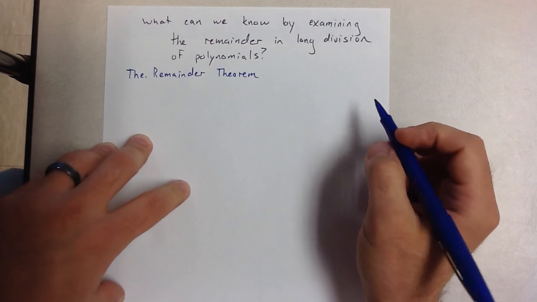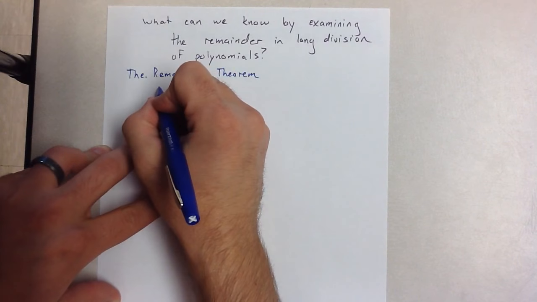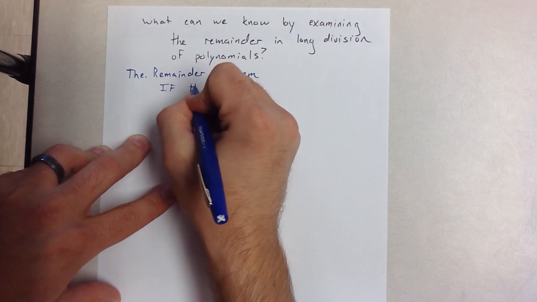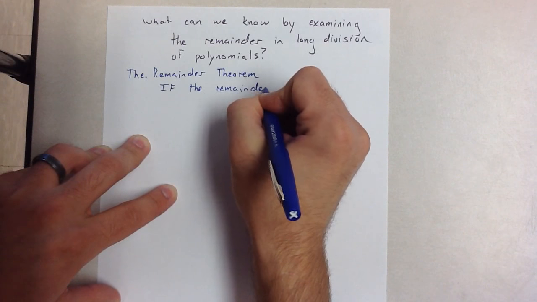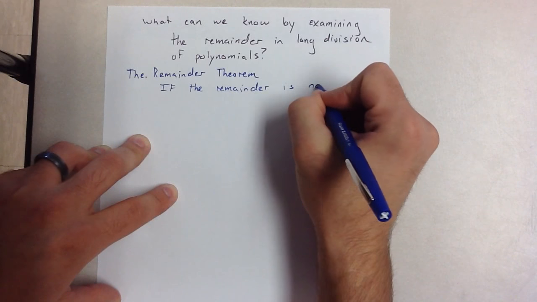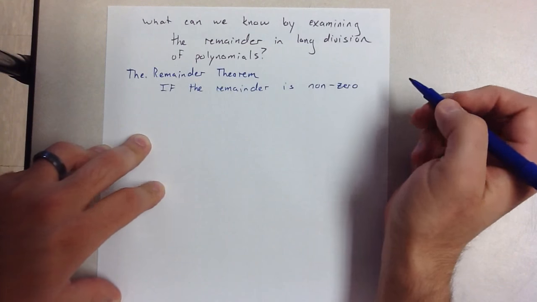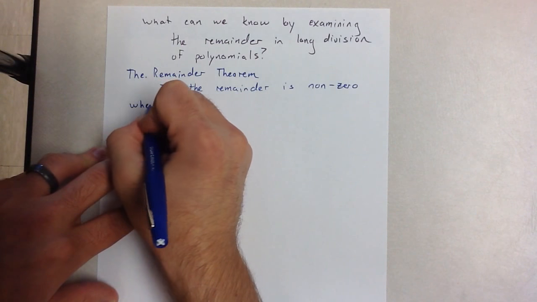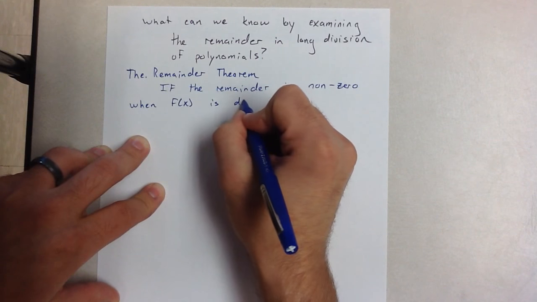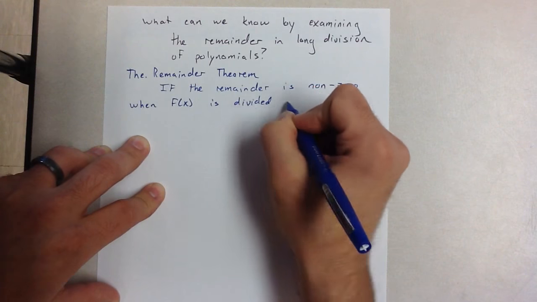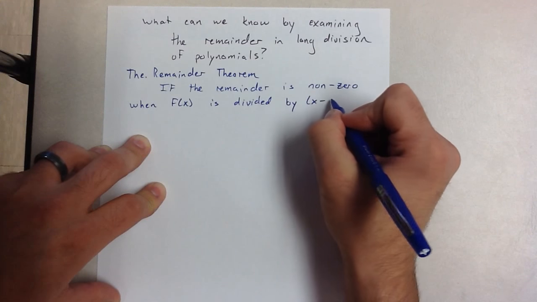So the remainder theorem says this: if the remainder is non-zero, so that could be any number other than 0, if the remainder is non-zero when f of x is divided by, let's say, just in general, x minus k.